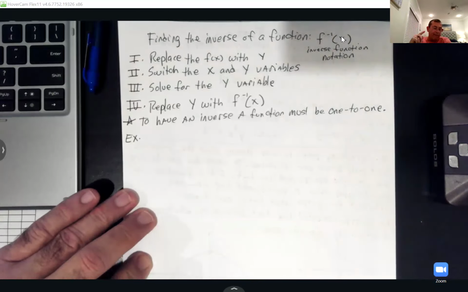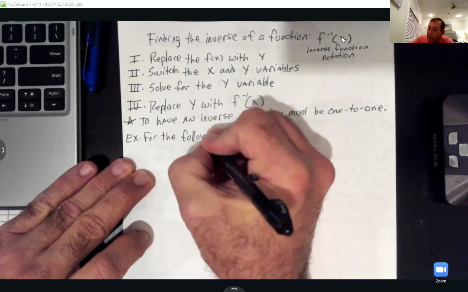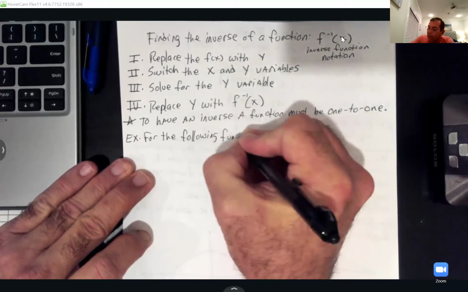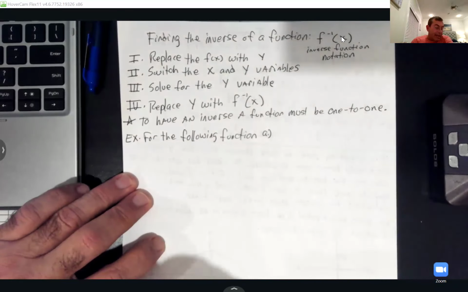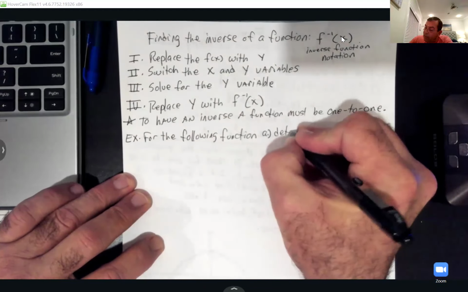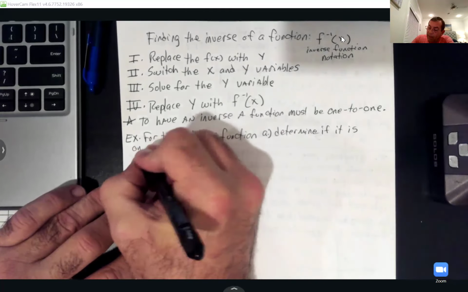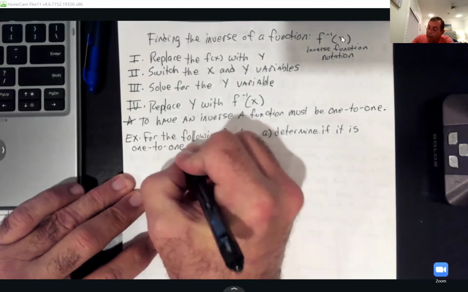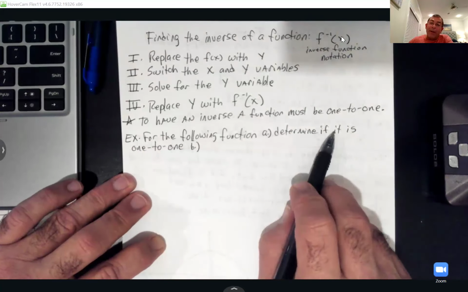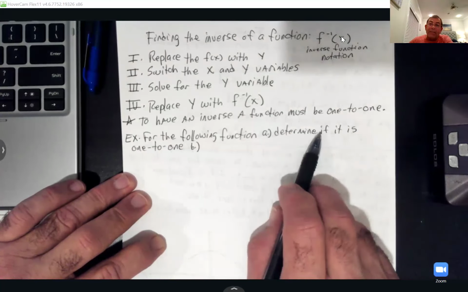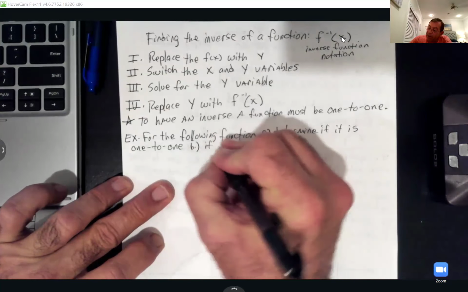These will say, for the following function, part A says, determine if it is one-to-one. And then part B, now, better put yes on this A part, okay? Every one of y'all's will be yes for the one-to-one part. So then B says, if one-to-one, find its inverse.